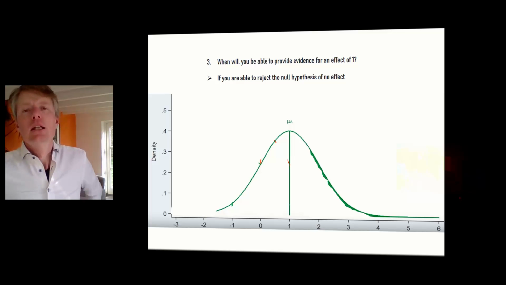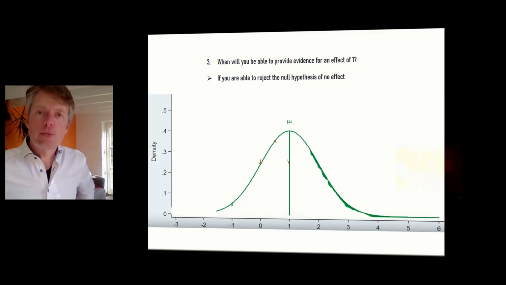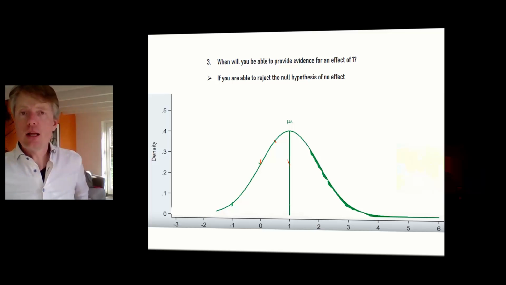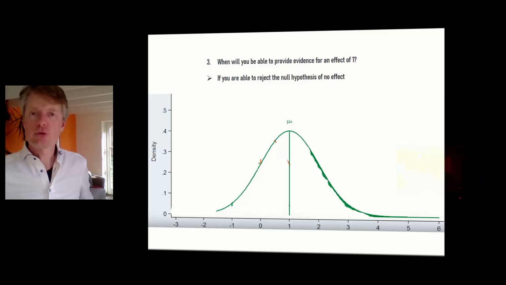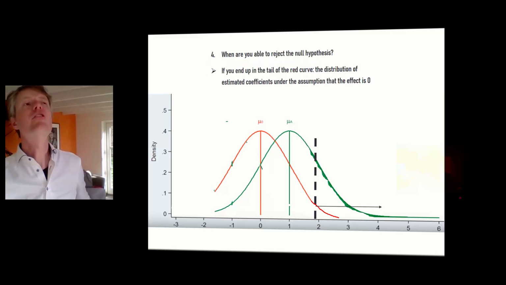Now, when will we be able to provide evidence for an effect of 1? Right, so when are we going to get it right? Well, if we are able to reject the null hypothesis of no effect. When are we able to reject the null hypothesis of no effect?